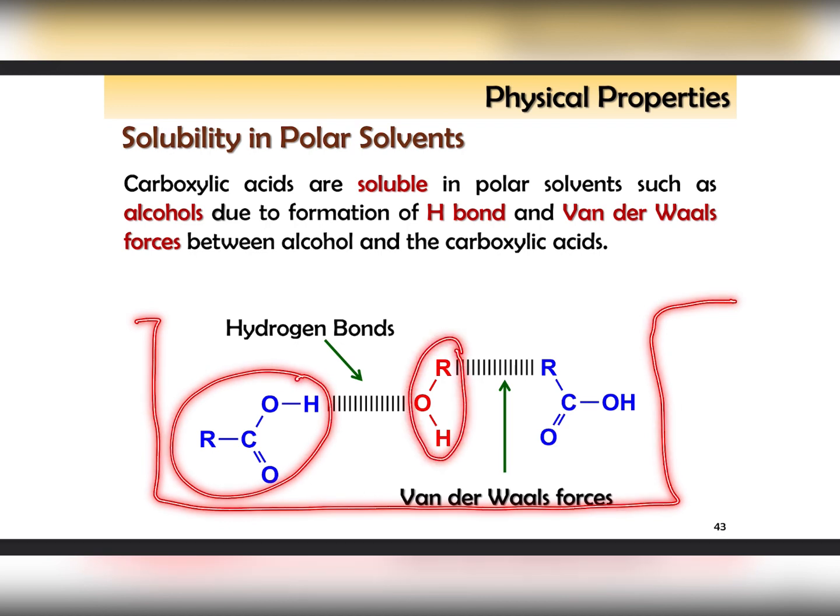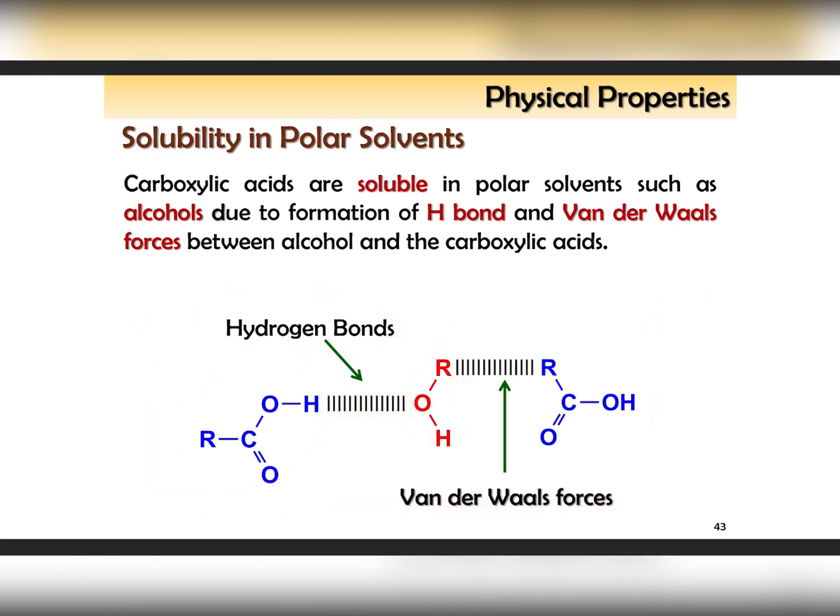So, between carboxylic acid dengan alcohol, you can form hydrogen bonded. Okay, so that is why dalam polar solvent, carboxylic acid also soluble. Okay, sebab dia boleh buat the formation of hydrogen bond. And van der Waals forces pun ada dalam between carboxylic acid.